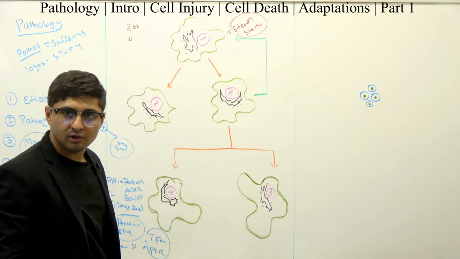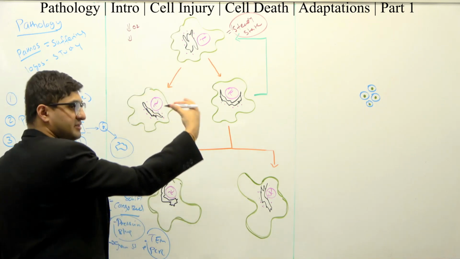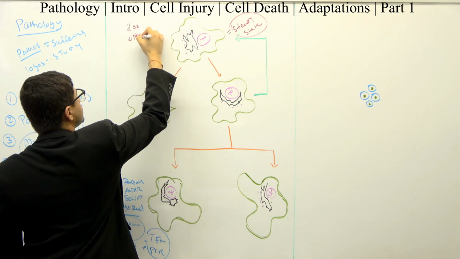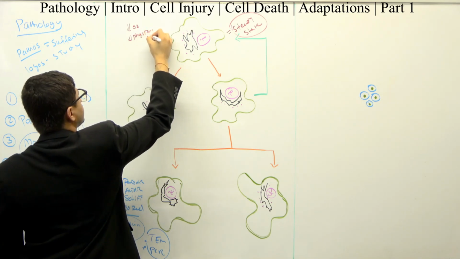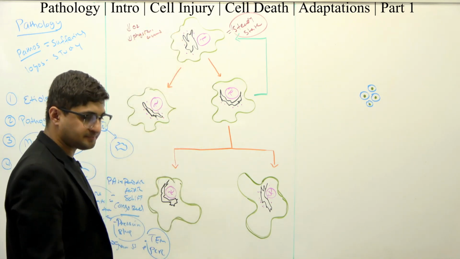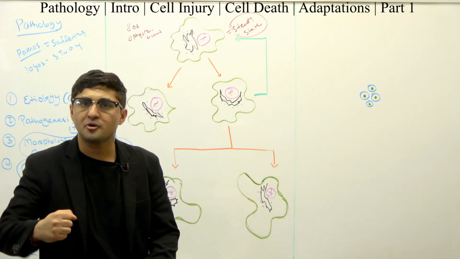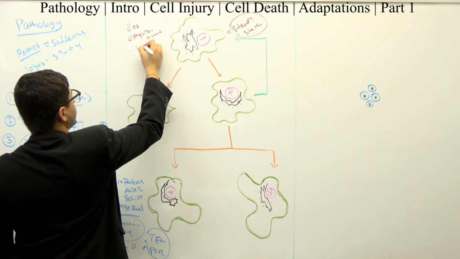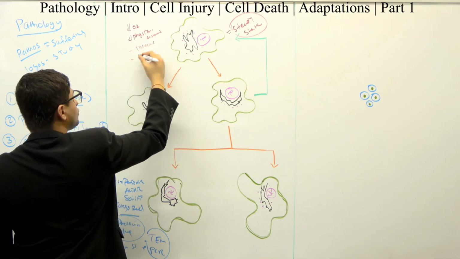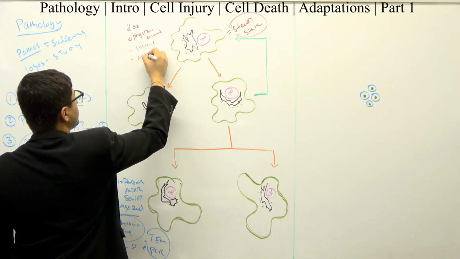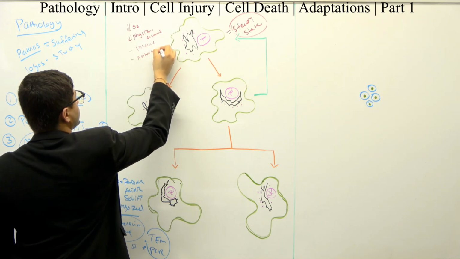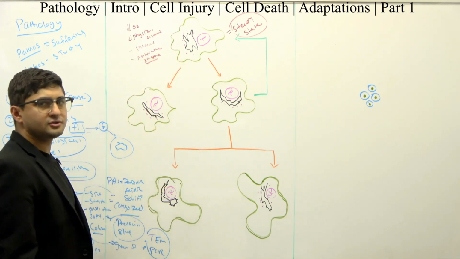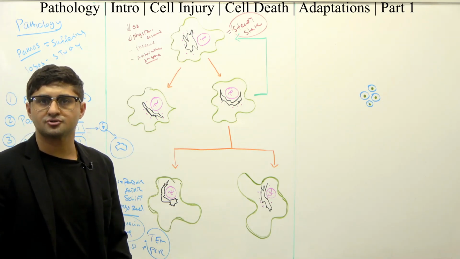It could be because of anemia, that would come in as hypoxia, or it could be physical agents, like, for example, you hammer your hand. It could be infections, like any fungi, all that kind of stuff. It could be because of nutritional imbalance, because your cells need nutrition in order to work.